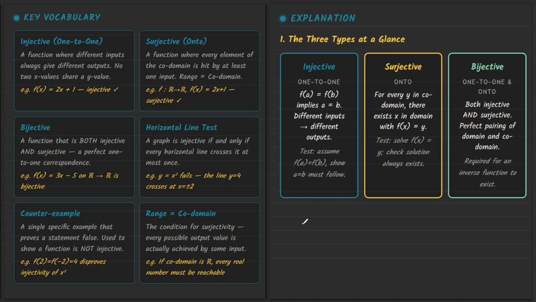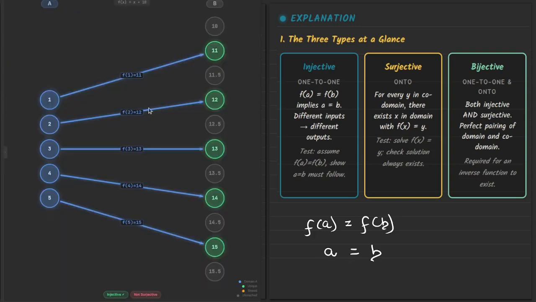It simply means that if f(a) is equal to f(b), the only way this can be possible is when a is actually equal to what? b. If a function satisfies this, then we say it is injective. Now for this diagram you see over here, the function is f(x) = x + 10.